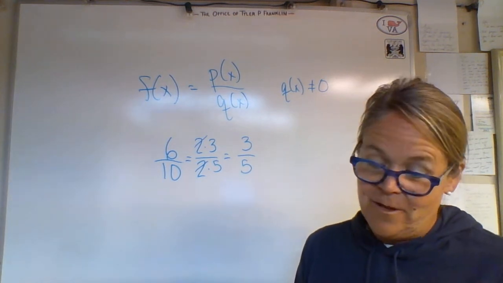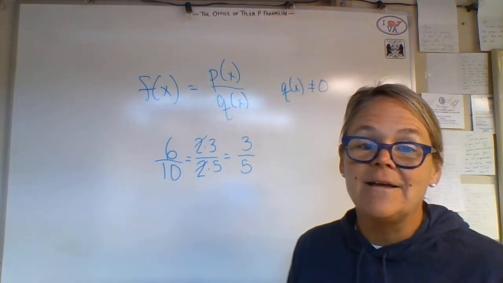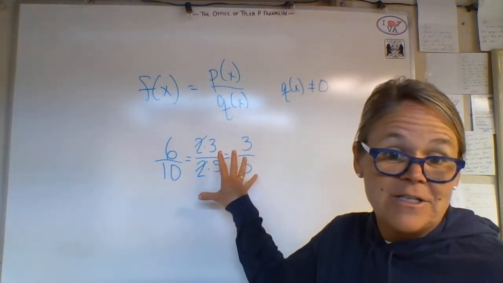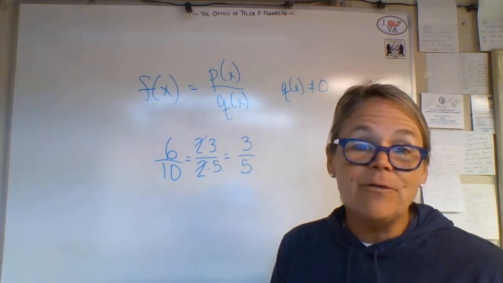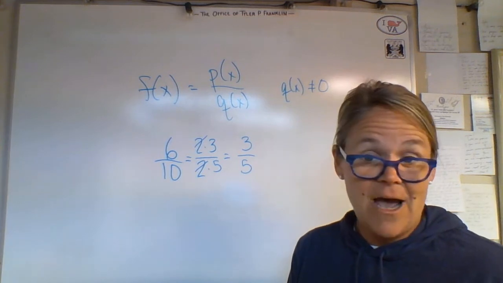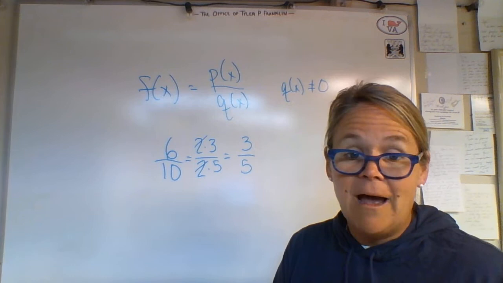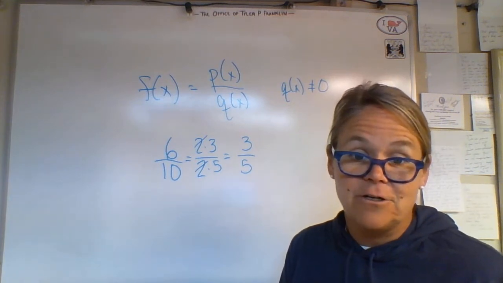So you're still left with the same answer. Just like what we did there, to simplify, you're going to factor the top and the bottom, and then cross out common factors.